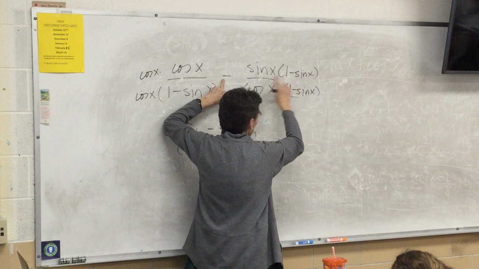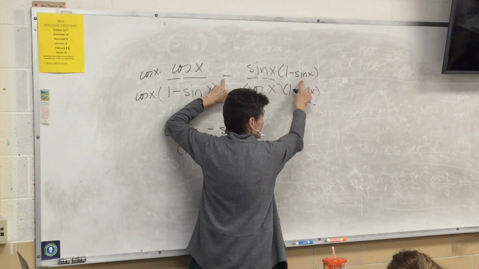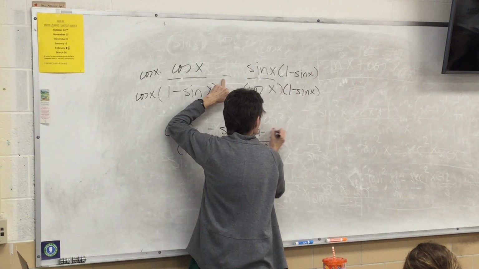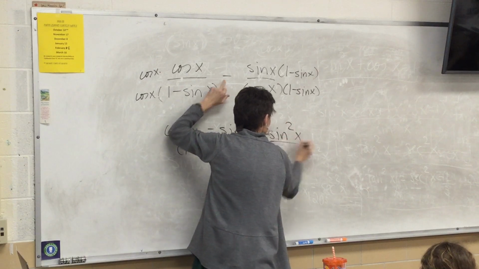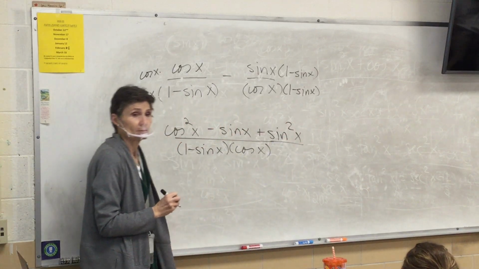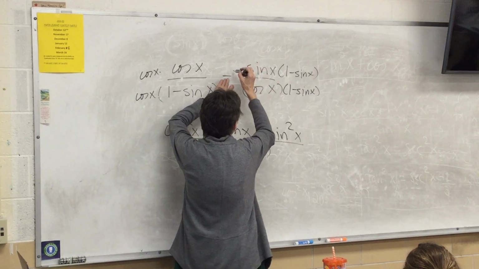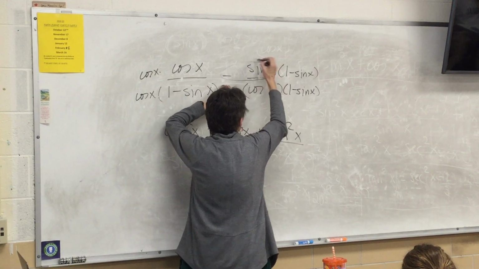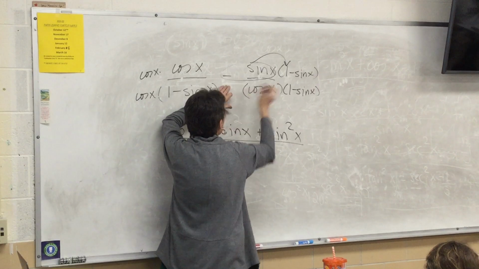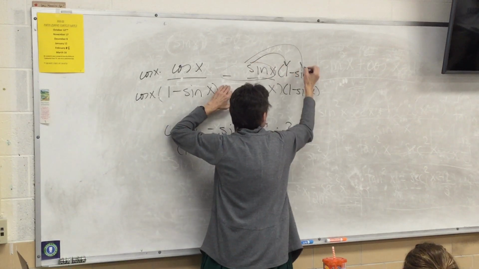What's minus sine times minus sine? Positive sine squared. So once again, this is a distribute. It's negative sine times 1 and negative sine times negative sine.